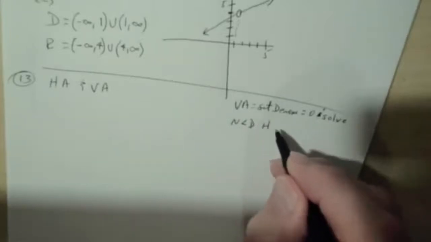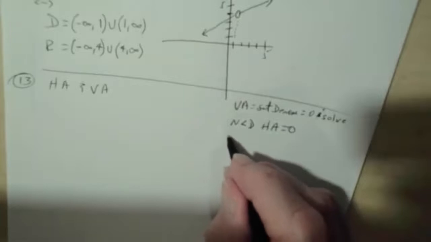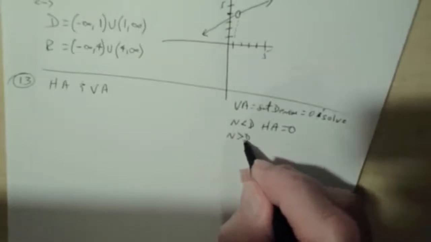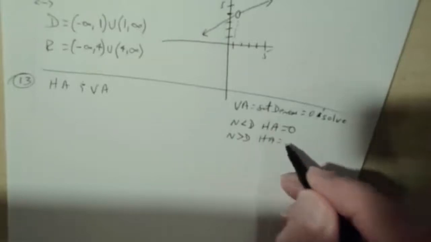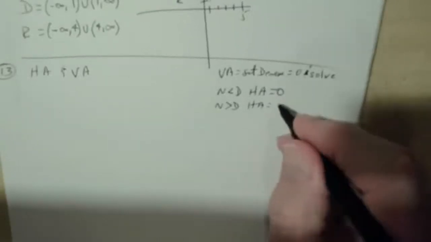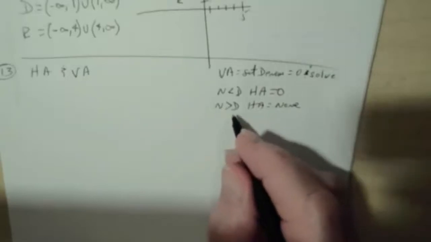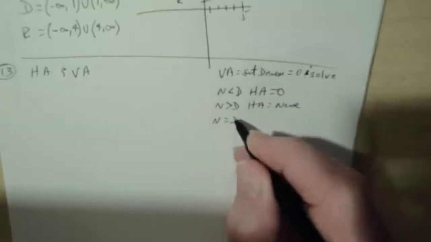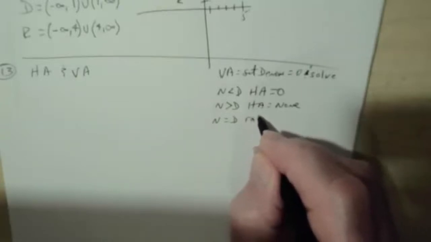If the numerator is greater than the denominator, there's no horizontal asymptote. And if the numerator is equal to the denominator, it's the ratio of the coefficients.